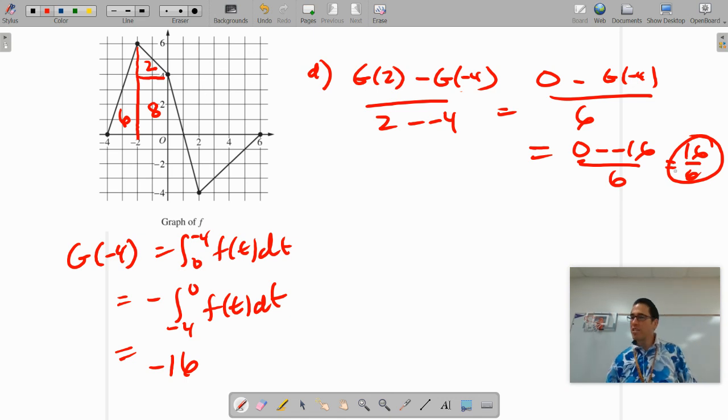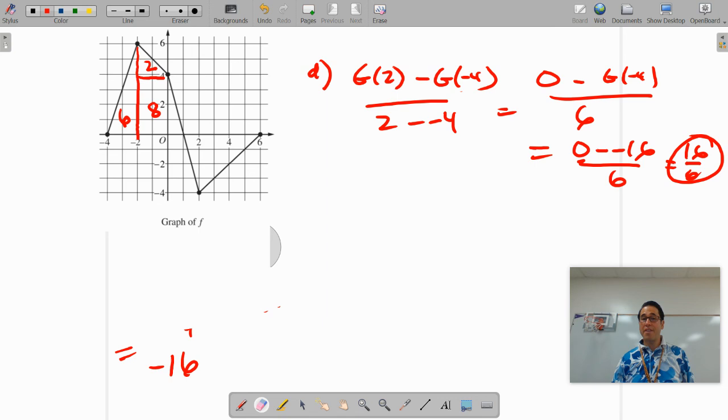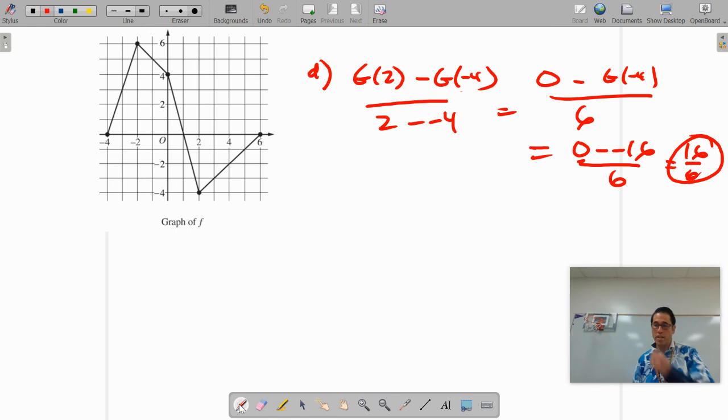And then it just asks, does the mean value theorem guarantee this? We all know the mean value theorem means the hypothesis has to work, right? And what's the hypothesis? It means G has to be continuous on the closed interval and differentiable on the open interval. Let's check this out.